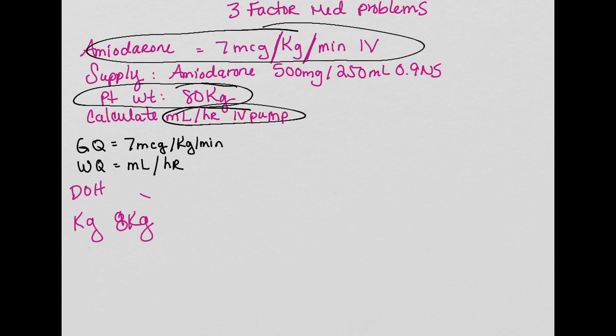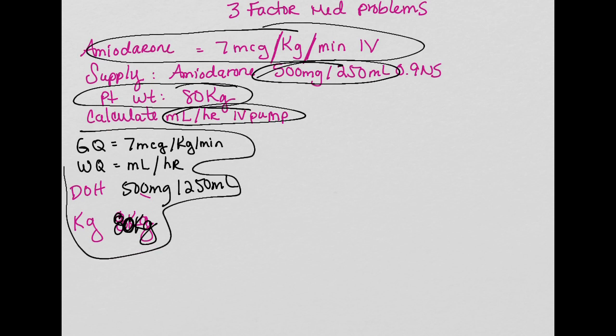And what's the dose on hand? 500 milligrams in 250 mLs. It just helps me extract the information I need, for those of you that like to have things extracted and looking a little bit nicer, even though my handwriting's a mess.